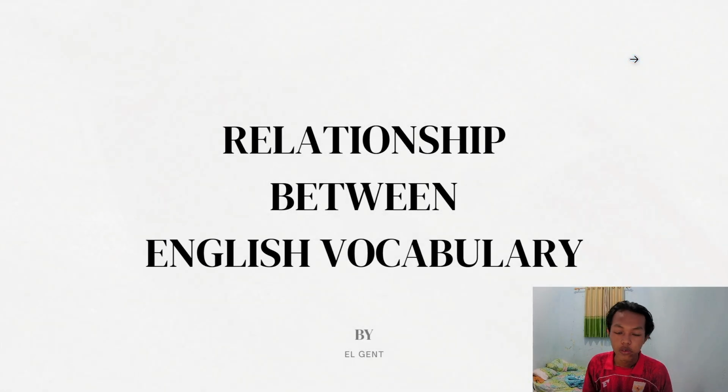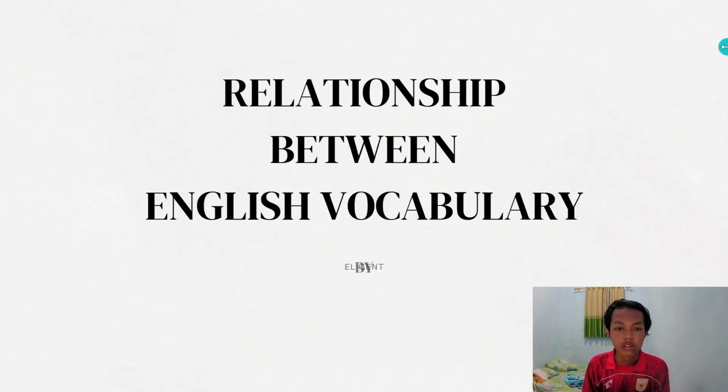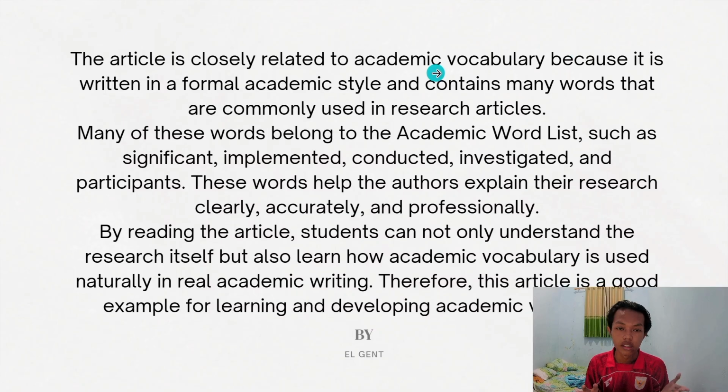So we move back to the presentation: what is the relationship between the article and English vocabulary? The article is closely related to academic vocabulary because it is written in a formal academic style and contains many words that are commonly used in research articles.